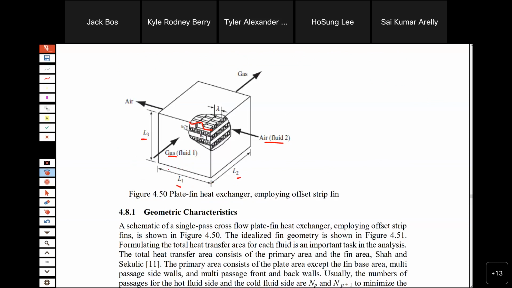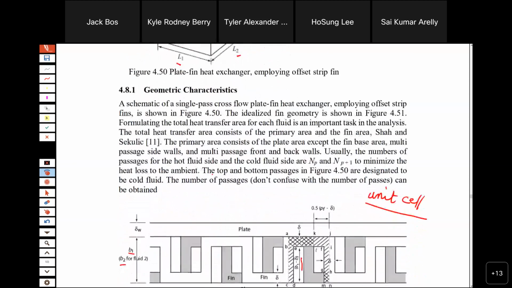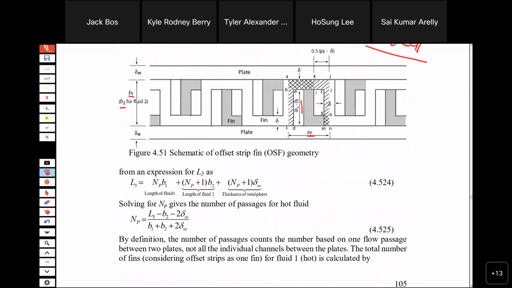That's the dimension. L3 can be defined as dW, the wall, times the number of passes.